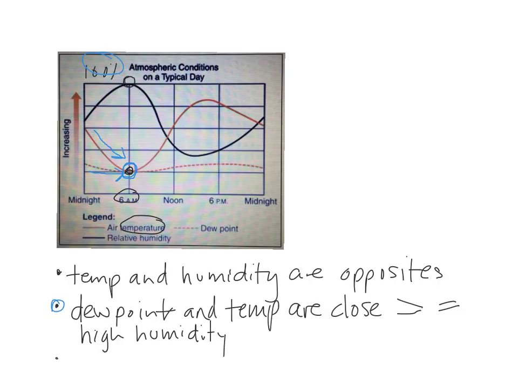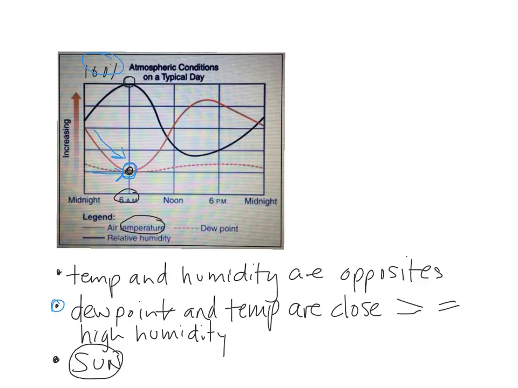The last point I want to make on this graph has to do with humidity and temperature again. And the simple point is that humidity and temperature are going to change based on the heating of the air from the sun. So remember, the sun equals everything. Okay, without the sun, we don't have weather.